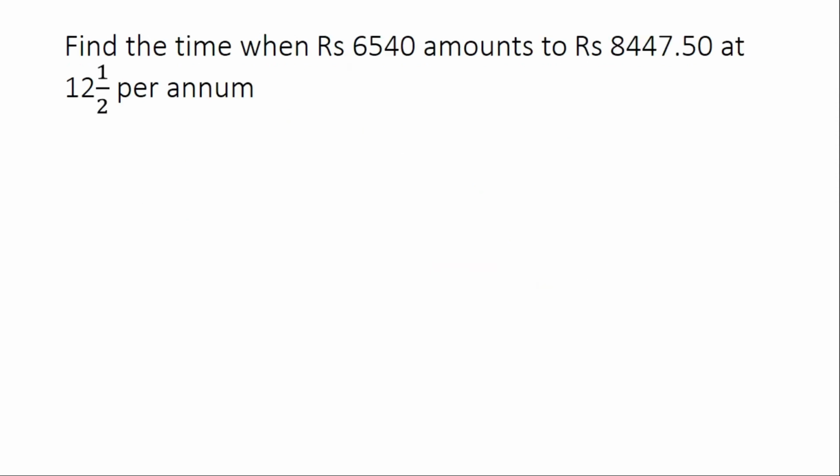Next is find the time when rupees 6540 amounts to rupees 8447.50 at 12.5% per annum. Here you need to find out time. What is given here? Principal is given rupees 6540.